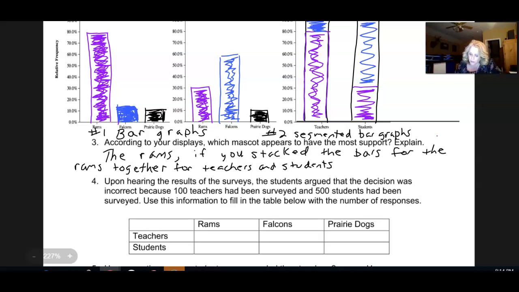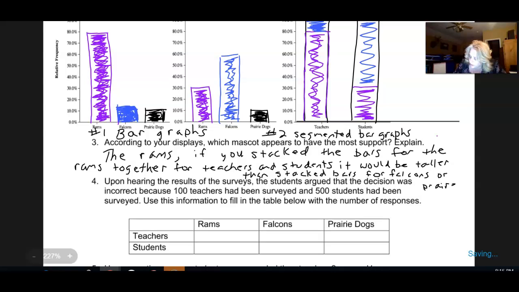So if you stack the bars for the Rams together for teachers and students, it would be taller than the stacked bars for the other mascots, Falcons or prairie dogs.